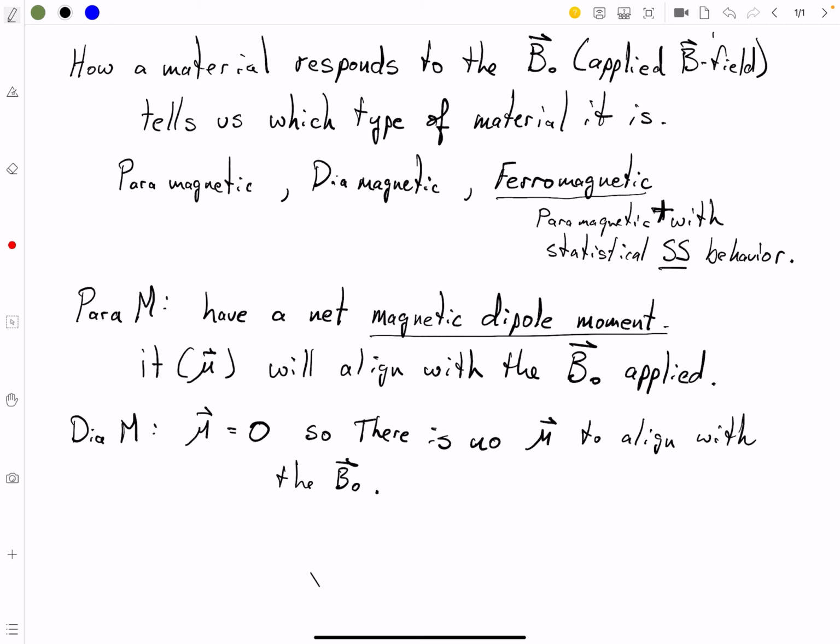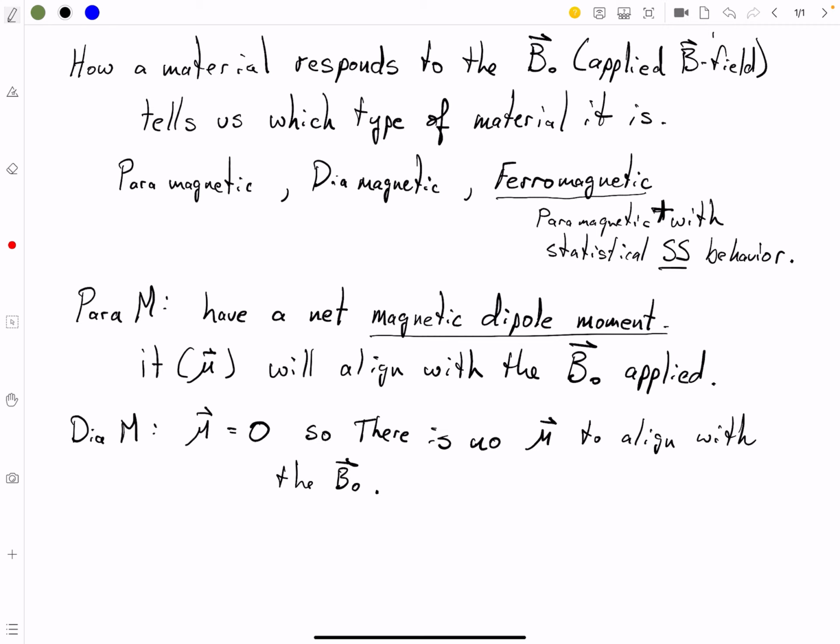And instead, what we're going to see in the next chapter is a little Lenz's law. But let's not get into that yet. We're not there yet. We want to say, okay, well, what happens? Well, what is happening?